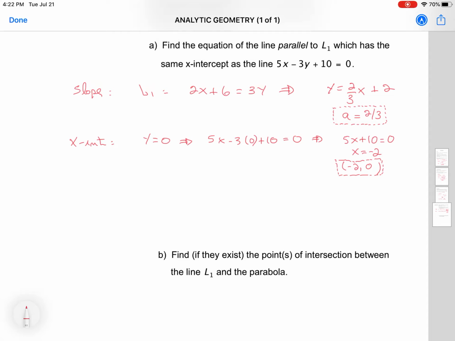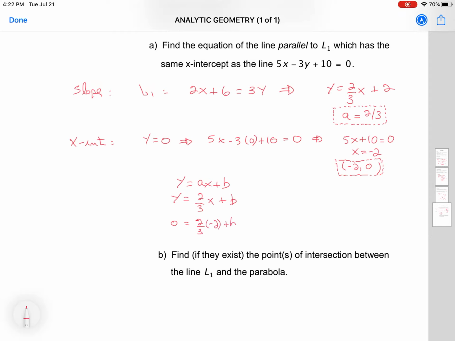So we now have a point on the line that we are trying to find. So we have a slope and we have a point. Shouldn't be hard to finish it up. So y is equal to ax plus b becomes y is equal to 2/3 x plus b, since the slope is 2/3.